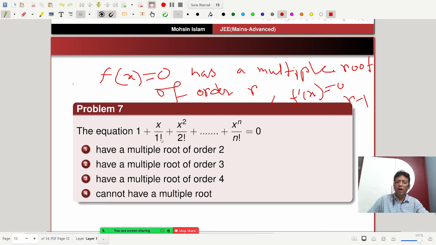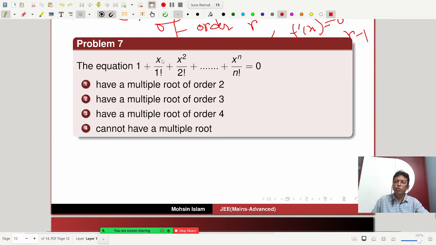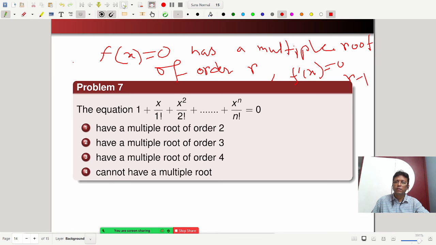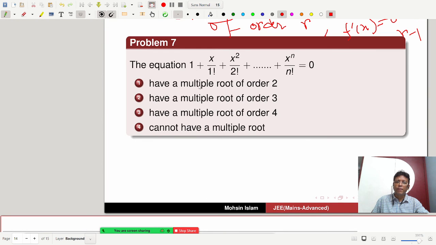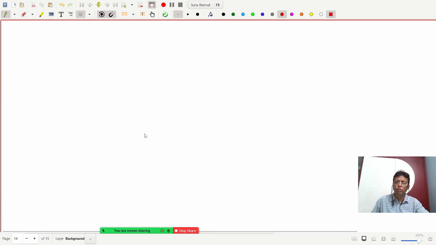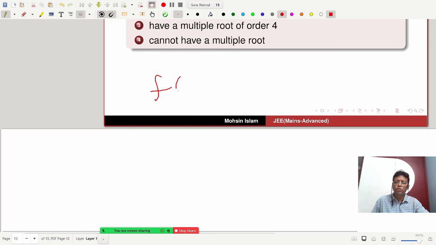So let us suppose that the equation has a multiple root. Let me assume that. Okay, I am assuming that this equation has a multiple root. So let me write f(x) equal to 1 plus x by factorial 1 plus x squared by factorial 2 plus etc. x to the power n by factorial n.